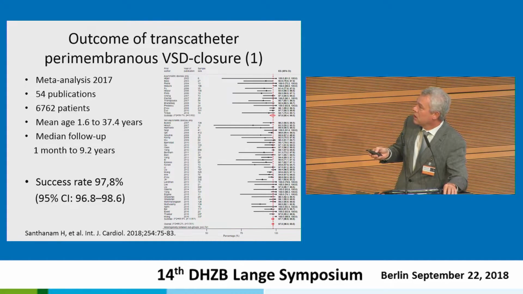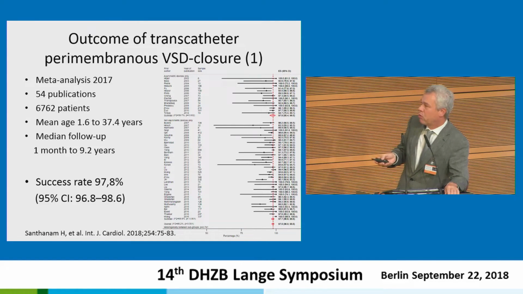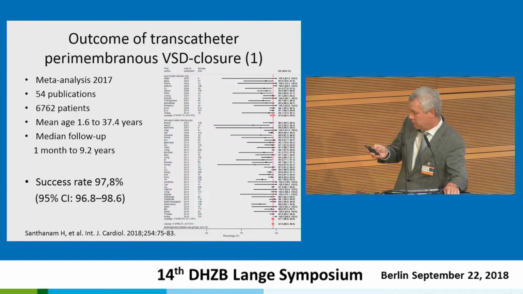Mean age in the study groups was between adult groups with 37 years mean and infant groups with mean age 1.6 years, and the median follow-up was very different, and they report a success rate of nearly 100%, so only few problems.